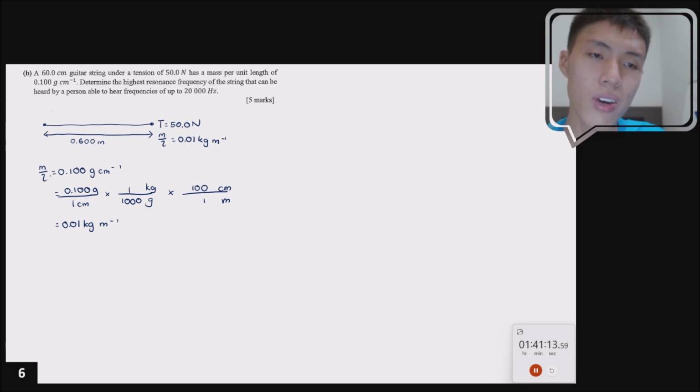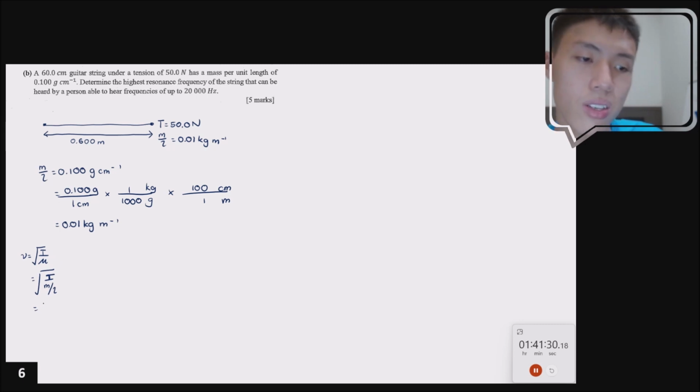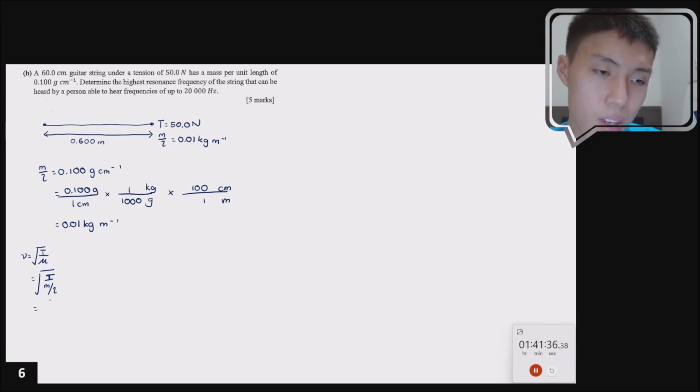Again, you see mass over length and you see tension, I think you cannot escape. You will have to find the speed somehow. So v equals the square root of T over mu, tension over mass per unit length. For this equation, make sure you use SI units now, or else later you don't know whether it's cm or meter. It can be very confusing. Your tension is 50.